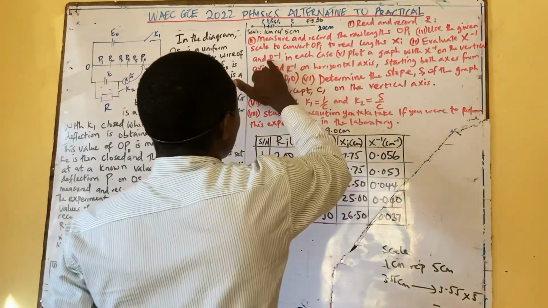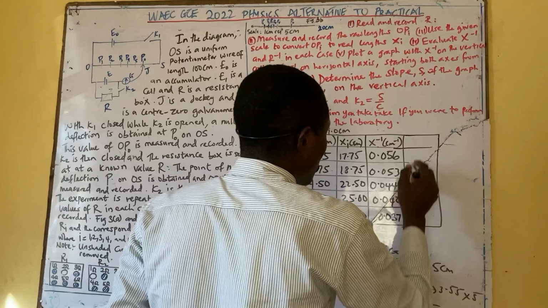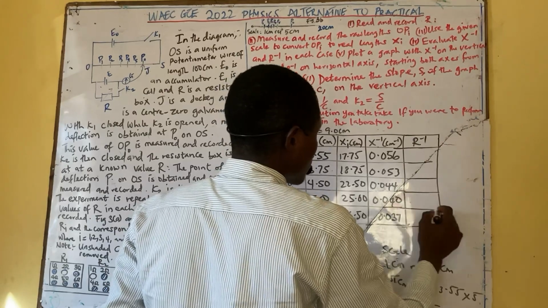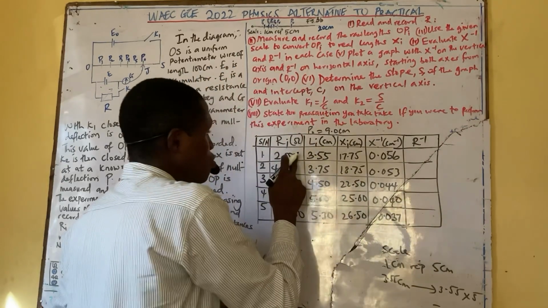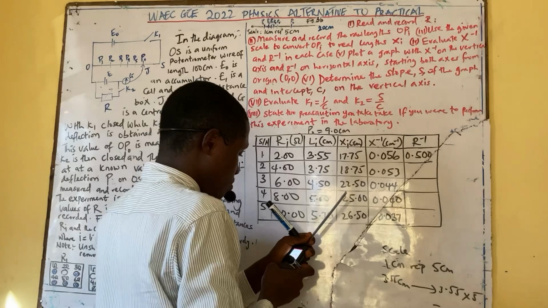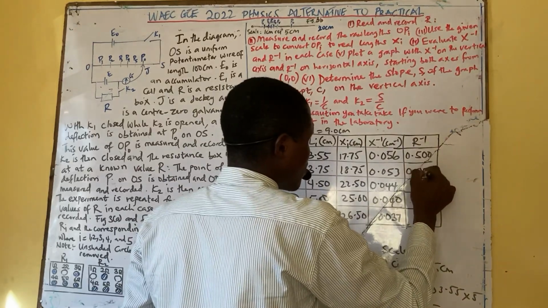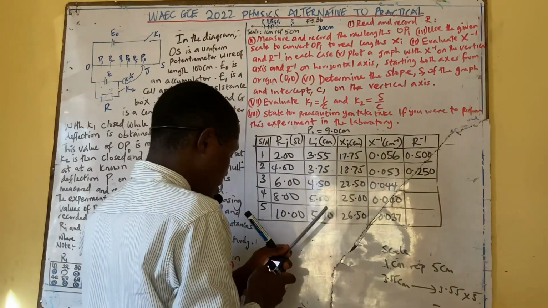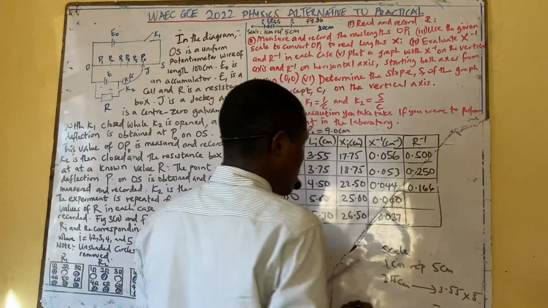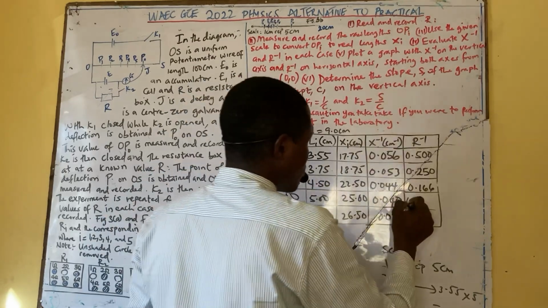The next thing is to evaluate R inverse as well. So R inverse will be 1 over 2, which is 0.500. 1 divided by 4 should be 0.250. 1 divided by 6 is 0.166. 1 divided by 8 should be 0.125.